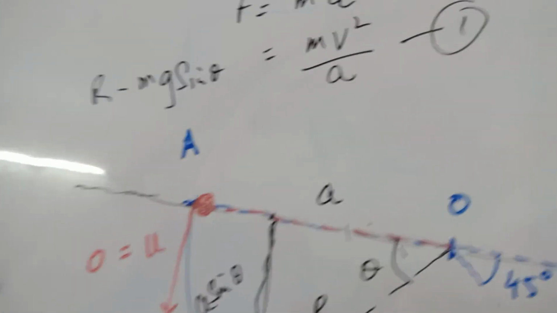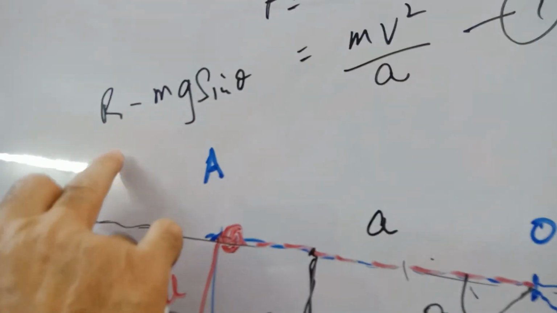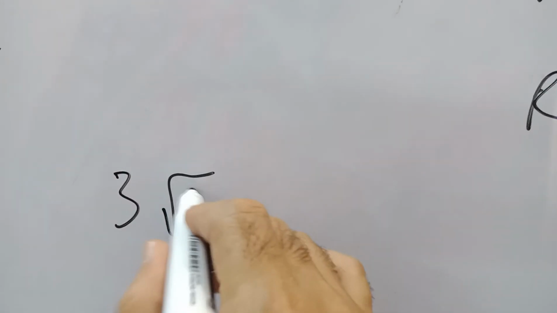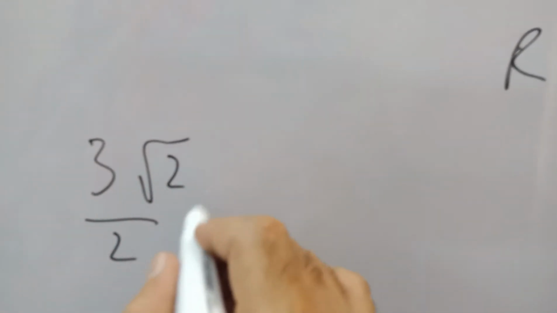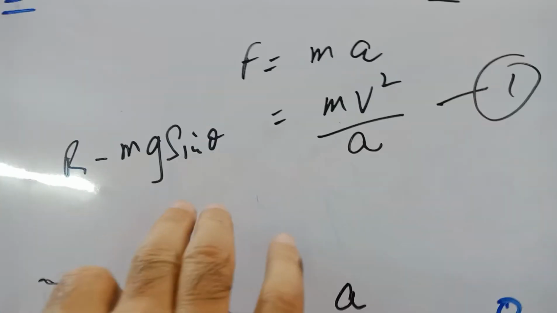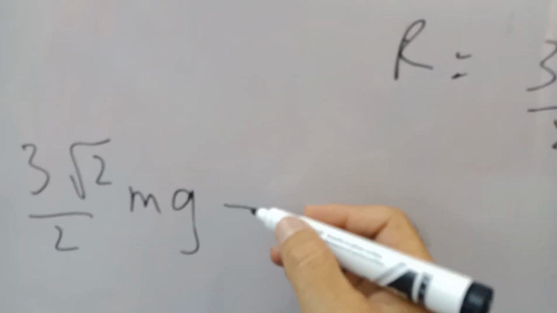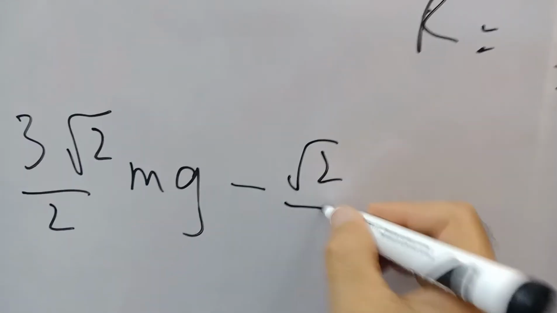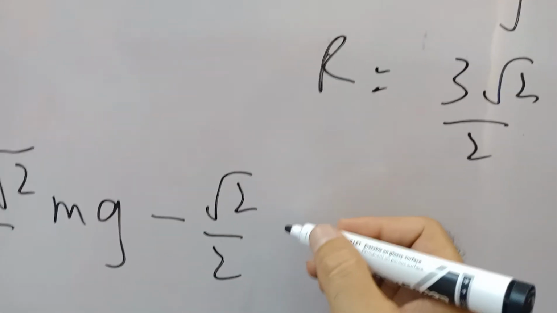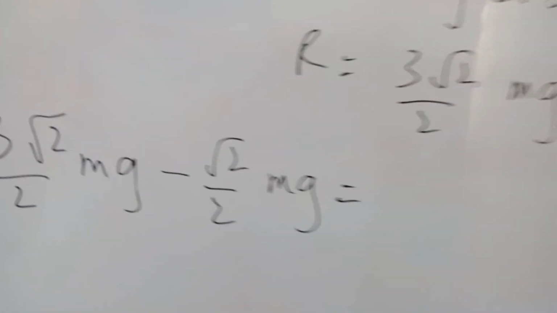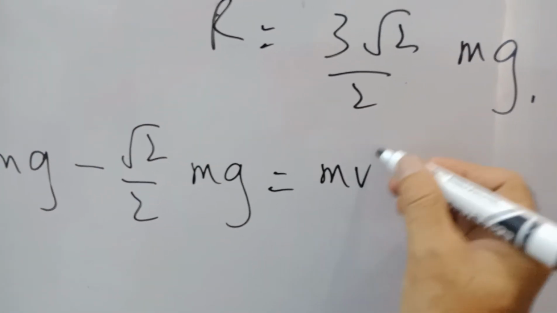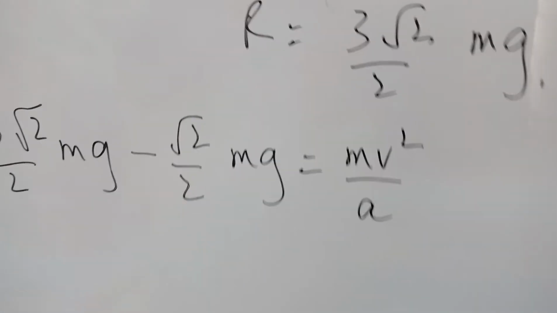I'll replace R with 3 root 2 over 2 mg, and if I put the value of theta, which is 135, I get minus root 2 over 2 mg, and that is equal to mv squared over a.